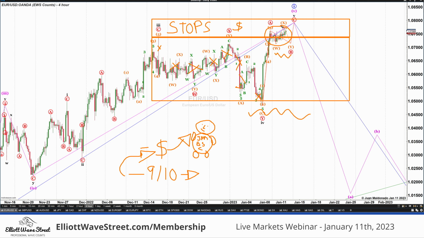And of course, the plan of this cycle is to take out all these stops and try to shake out the market as many swings as they can and distribute at the top and have a leg down to take out the stops from this area.